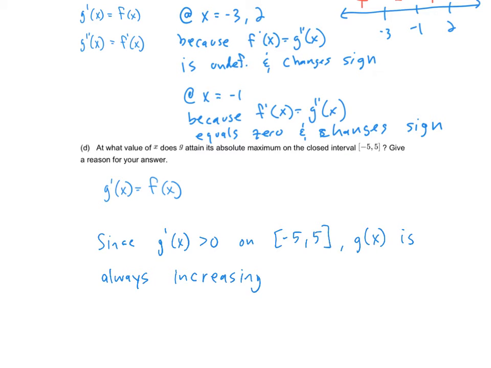Hopefully it makes sense. If a function is always increasing on an interval, then the right endpoint will always be the maximum, because it's increasing to get to that largest point. So we can say since g prime of x is always positive on the interval, that means g is always increasing.